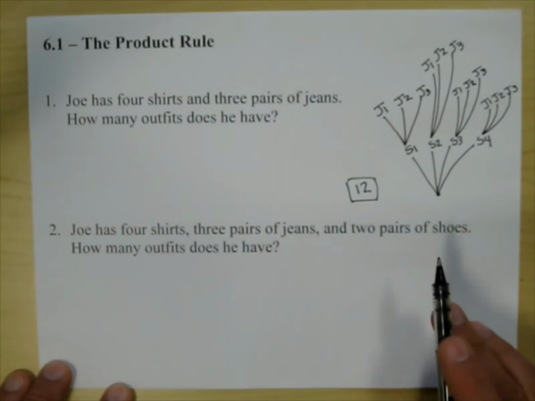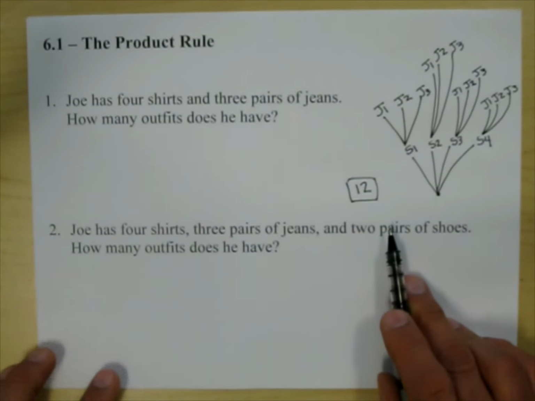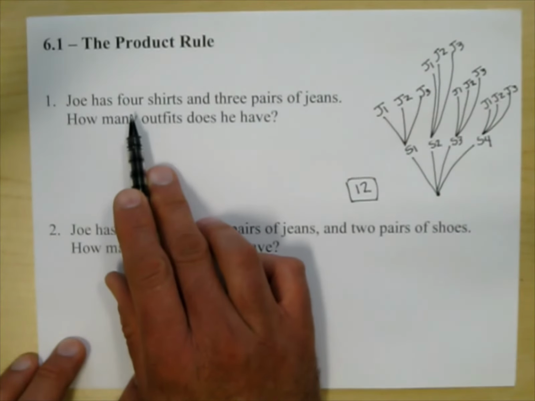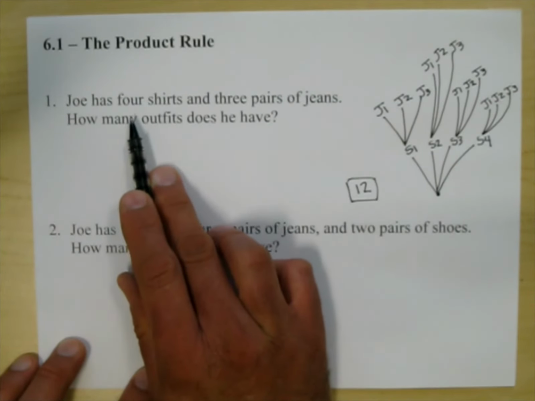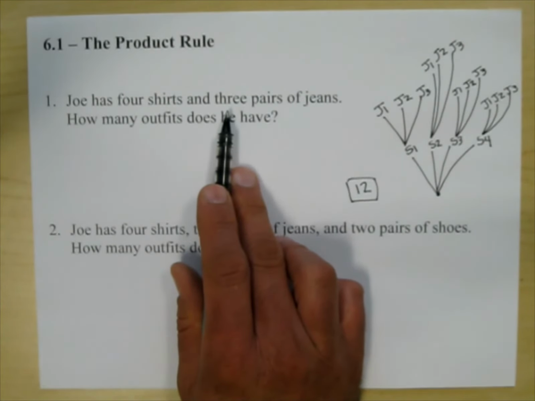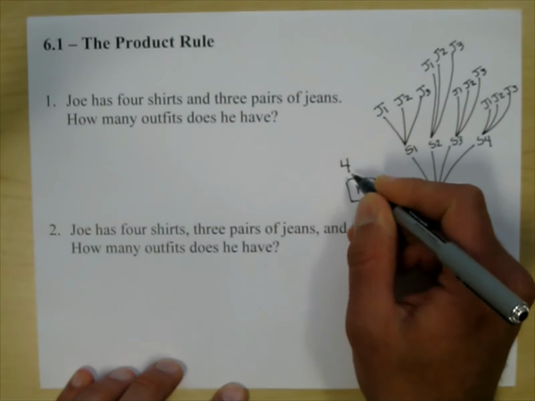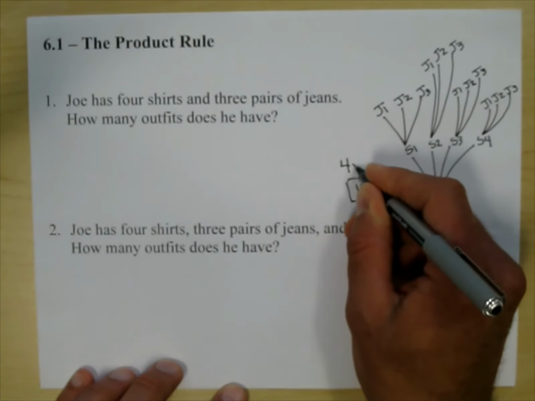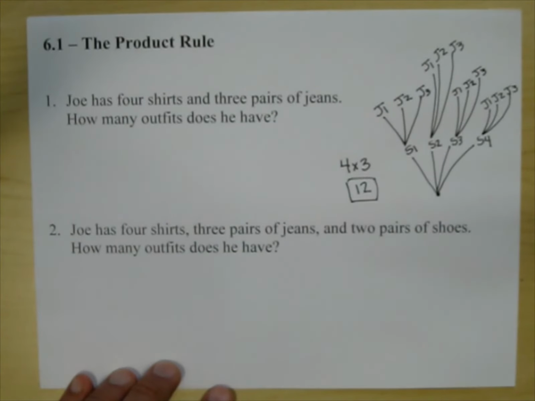But there is an easier way of doing this, and some of you probably already knew that easy way, is to say, well, we have 4 and we have 3. And what we can do with these 2 numbers is multiply them together. And so 4 times 3 is 12.